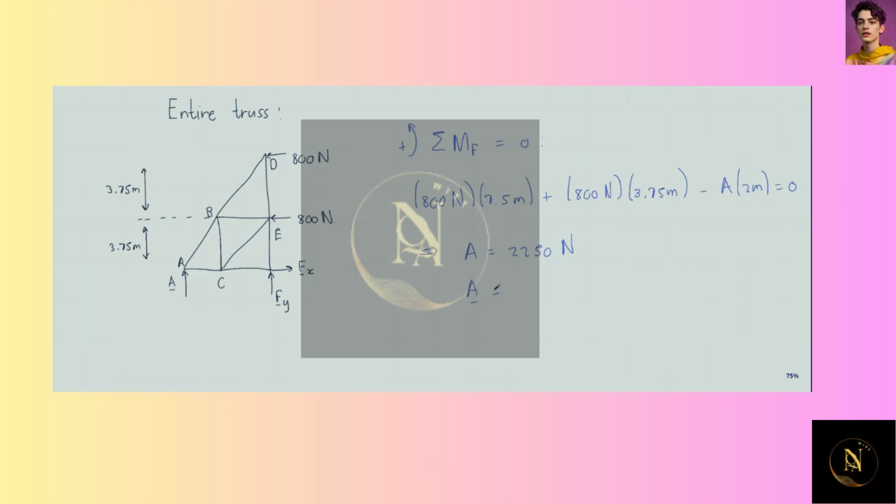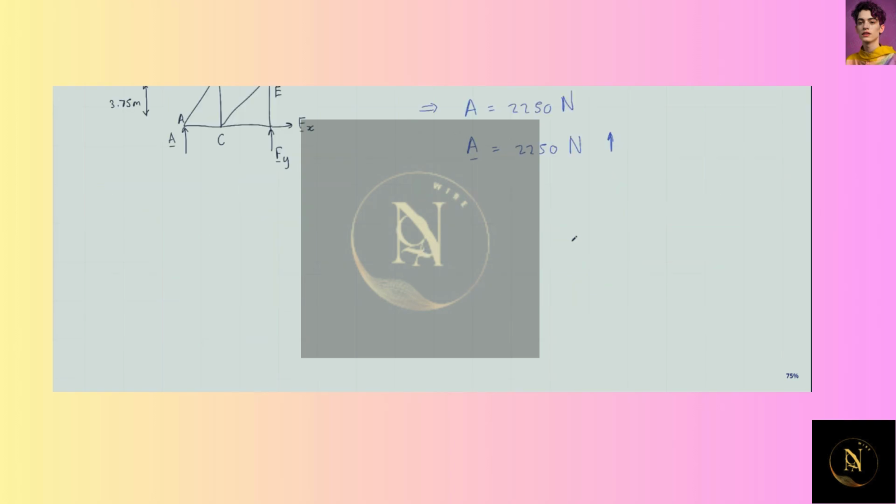So the vector A is 2,250 newtons vertically upward.